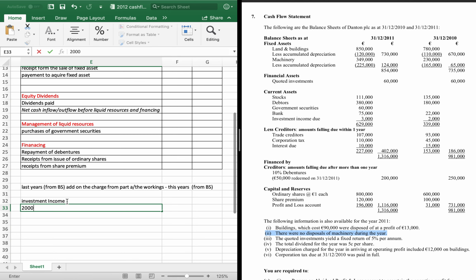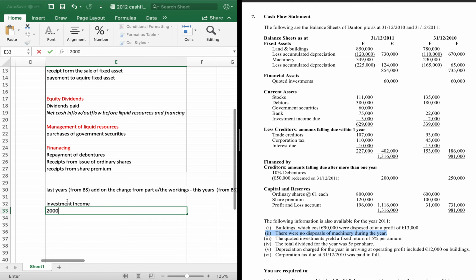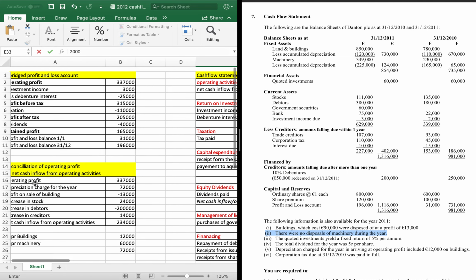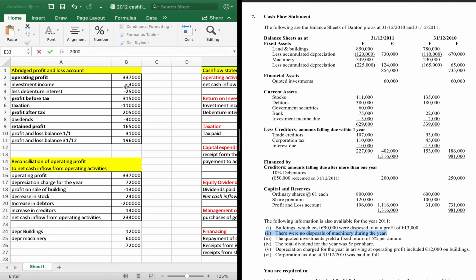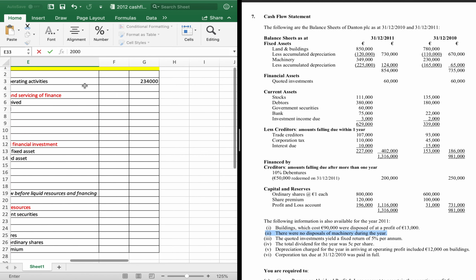So we've got 2,000 from last year. The charge from part A we worked out to be €3,000. Now it's important you do keep using the same numbers. Don't go off, because if you get it wrong, they'll give you the marks for taking this €3,000. So it's the investment income of €3,000.